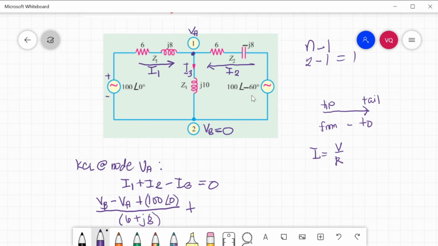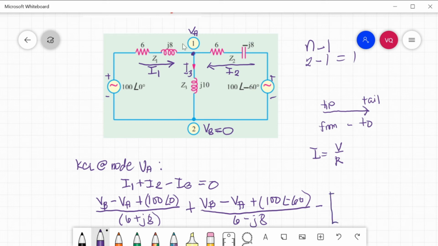I2 is from VB minus VA, entered into a negative sign of our source. So plus 100 angle negative 60 divided by the connecting impedance, 6 minus J8, minus I3.